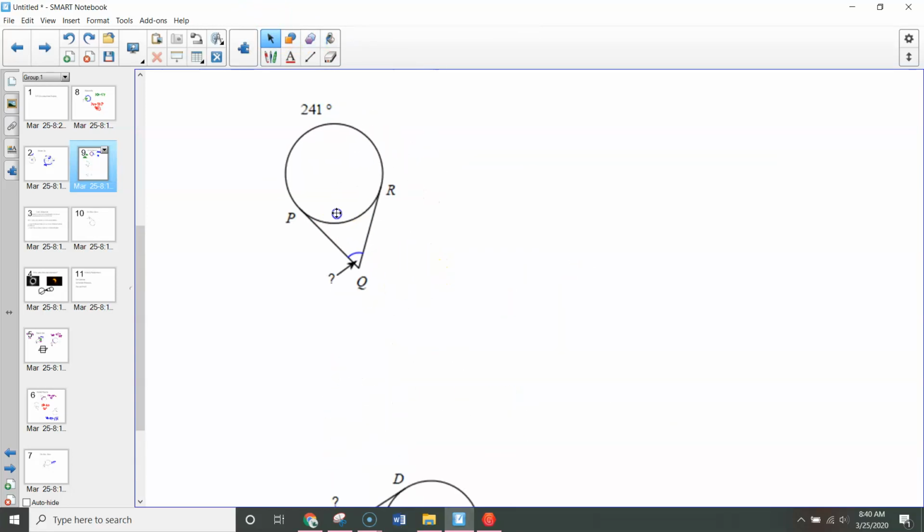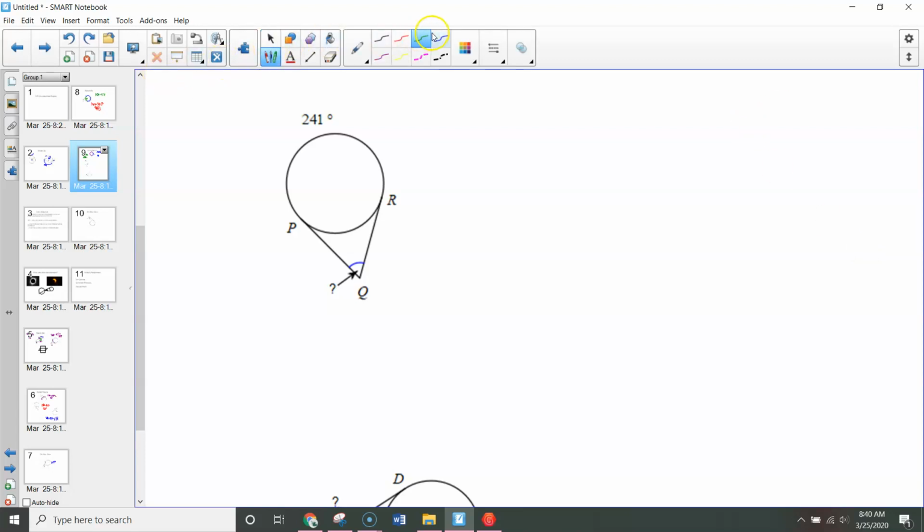Go ahead and do this one next. Oh, just kidding, don't do the first part by yourself. We're going to do this one together because it's a little different. So here, it gives me this one, and it wants me to find down here. To do that, first I need to find this part. So I'm going to do this backwards.